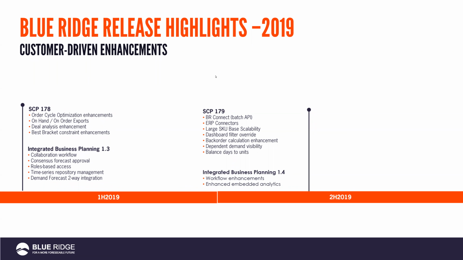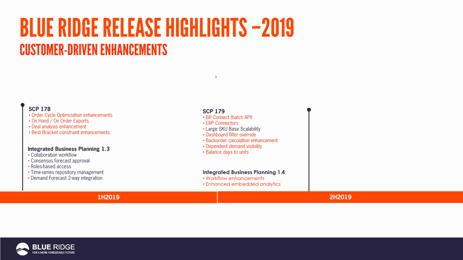So I think my take on 2019 deliveries is really about customer-driven enhancements. It was further enhancements of integrated business planning. And the two things that I take away from it are really connectors to drive value and speed to value, and then usability enhancements.